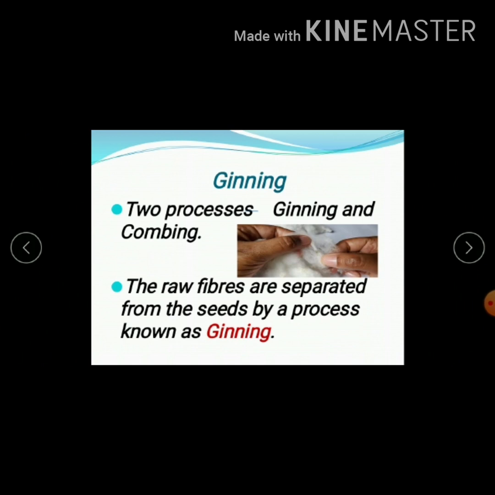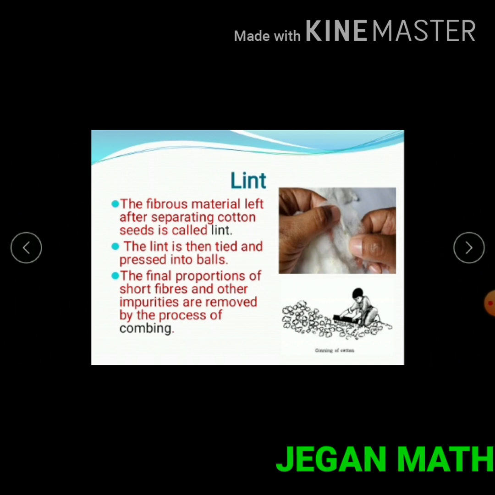The raw fibers are separated from the seeds. Cotton balls contain seeds covered with white fibers, and these white raw fibers are separated from the seeds by a process known as ginning. So ginning is a process of separating seeds from the white fibers.